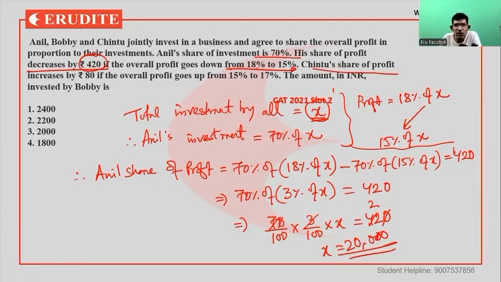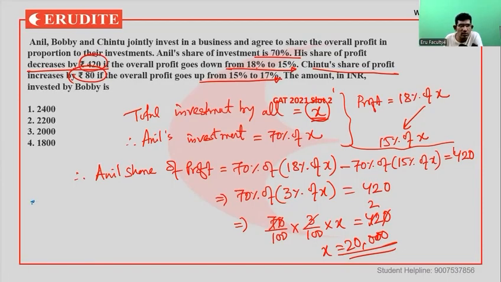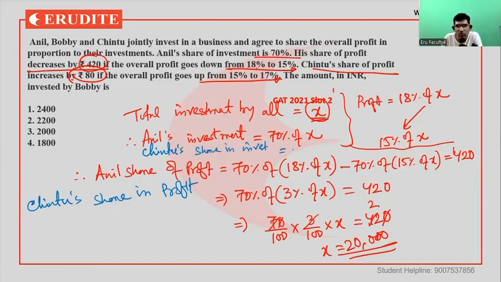Next it says Chintu's share of profit increases by rupees 80 if the overall profit goes up from 15% to 17%. By the same logic, what will be Chintu's share in profit? Just like Anil, let's assume Chintu's share in investment is y%.